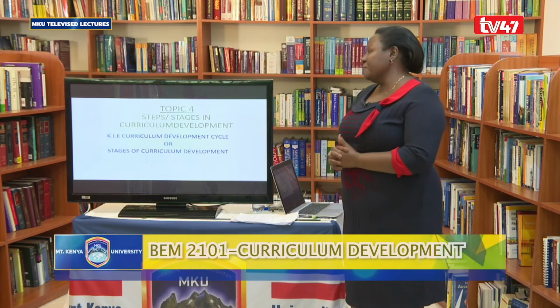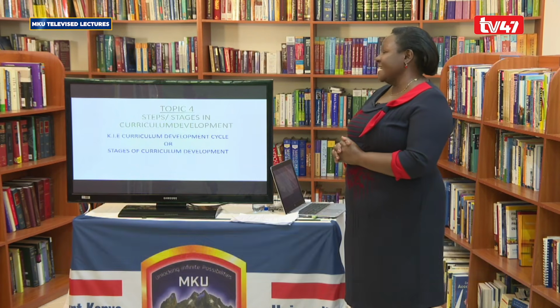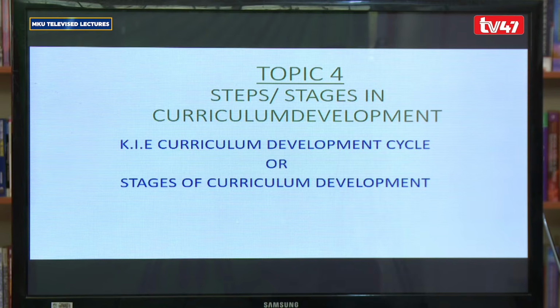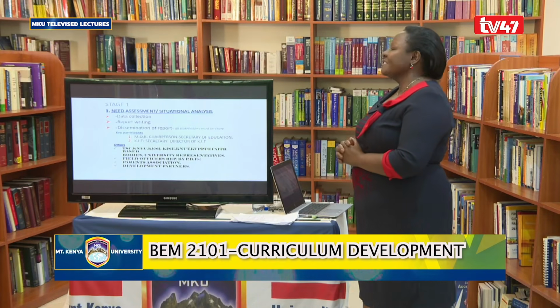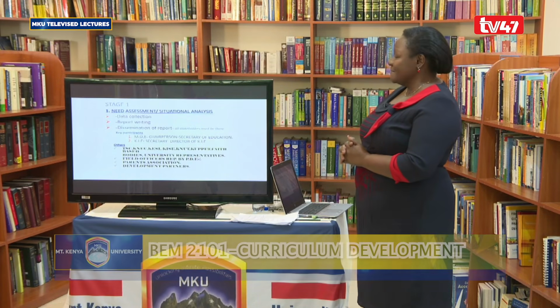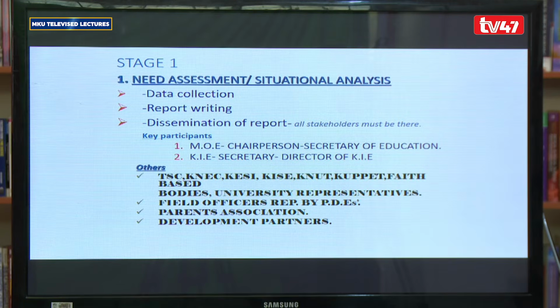Now in topic 4, we look at the steps and stages in curriculum development. And we note that the KICD, the Kenya Institute of Curriculum Development, the cycle, they gave us 9 stages of curriculum development. The stage 1 is the need assessment or the situational analysis.